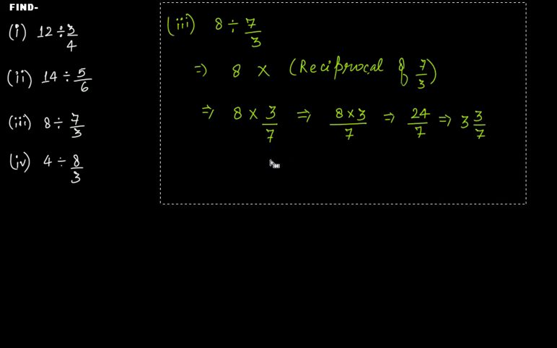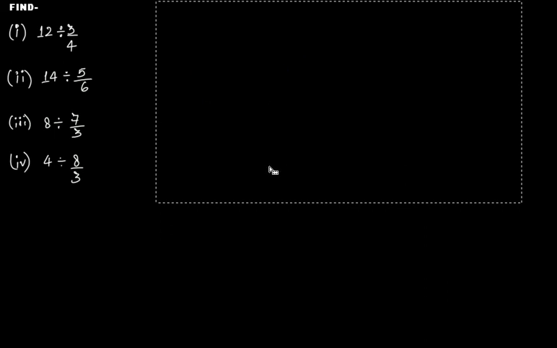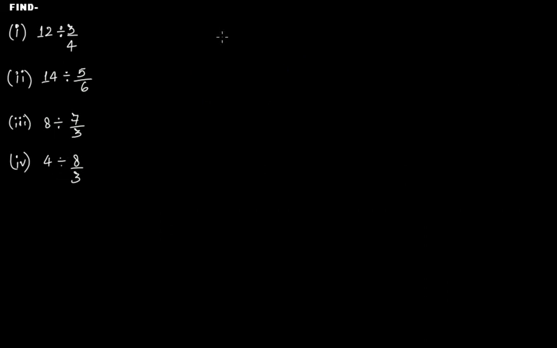Then the fourth is 4 divided by 8 over 3. This will be 4 multiplied by the reciprocal of 8 over 3.